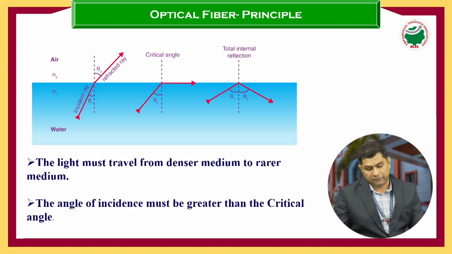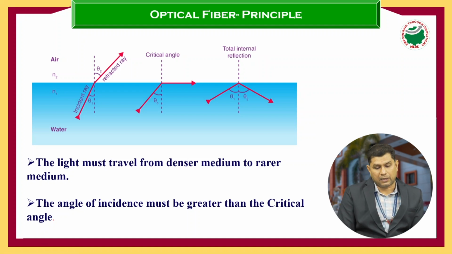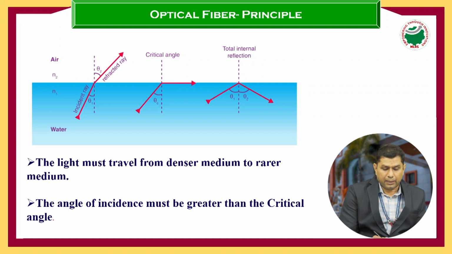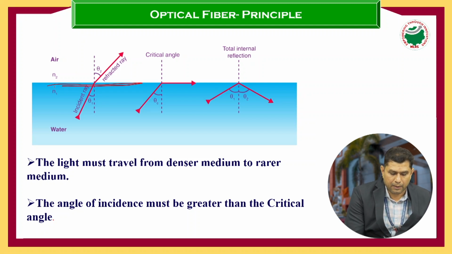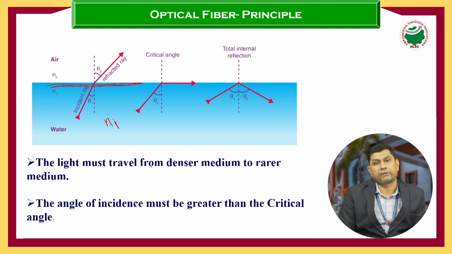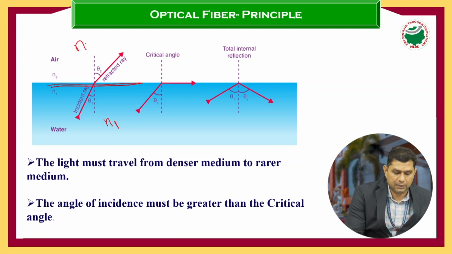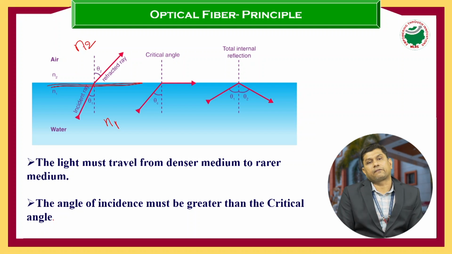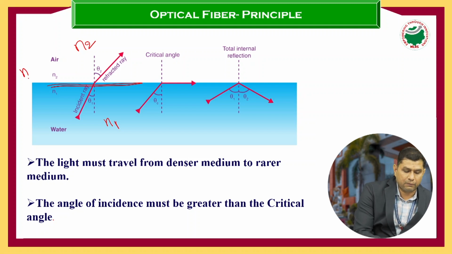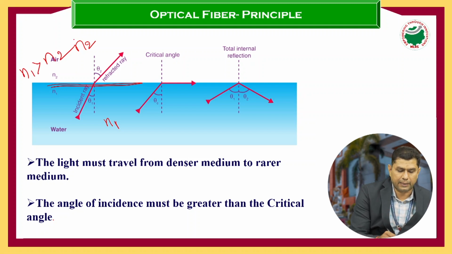If you observe the principle of the optical fiber carefully, consider two media. This is the boundary. This is the first medium of refractive index N1, and this is the second medium of refractive index N2. N1 is greater than N2.